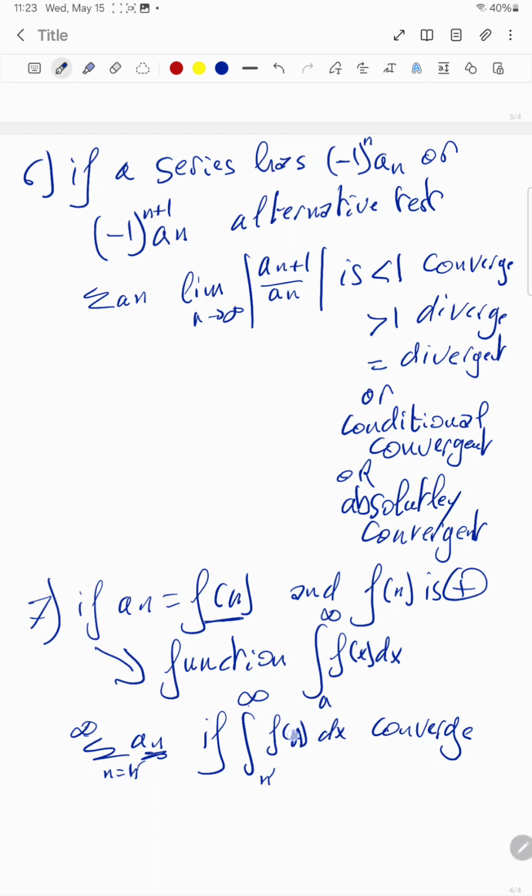And if the integral converges, then the series converges. So if an equals f of n, and if f of n is positive, we take the integral of f of x dx, and if it converges, then the series converges. If it diverges, the series diverges.